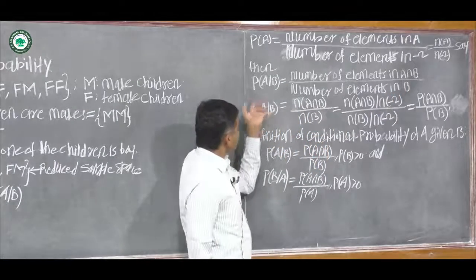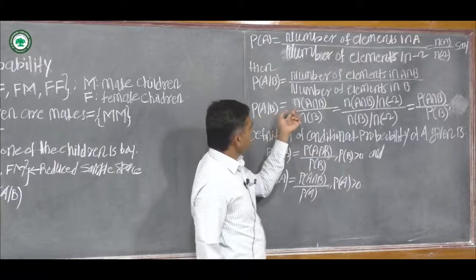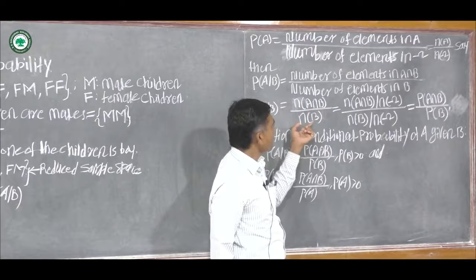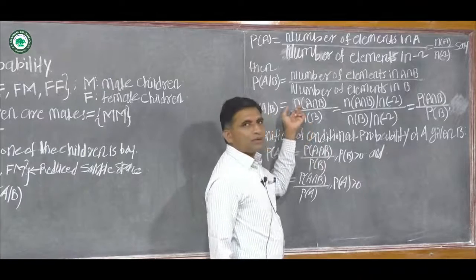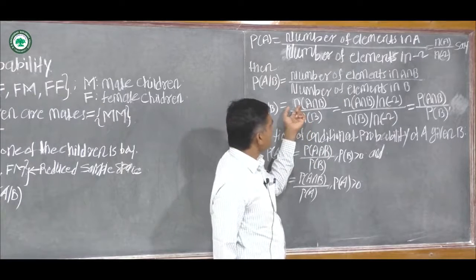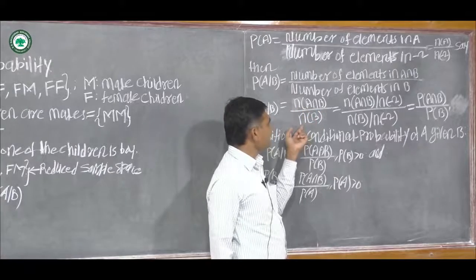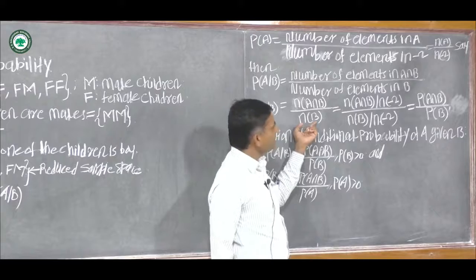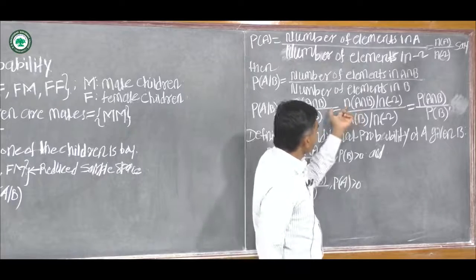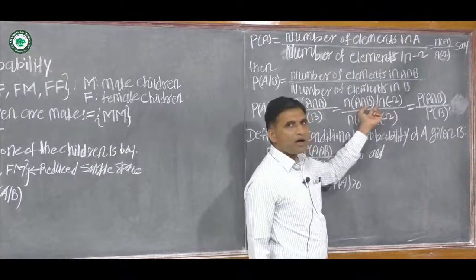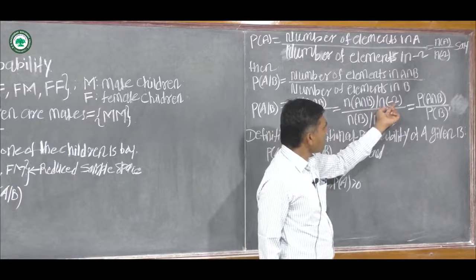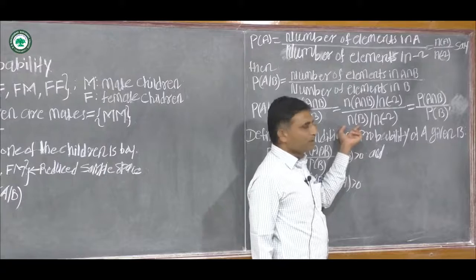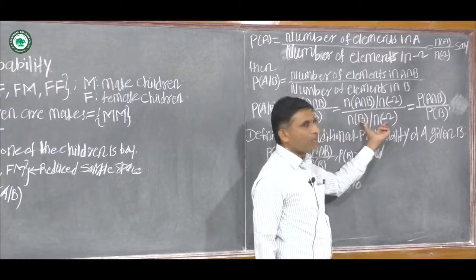Therefore, the probability of A given B is equal to n of A intersection B divided by n of B. This can be written as n of A intersection B divided by n of omega, this whole divided by n of B divided by n of omega.